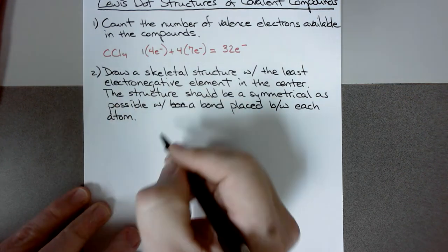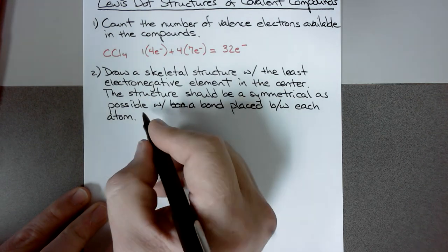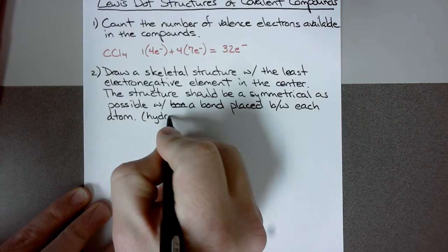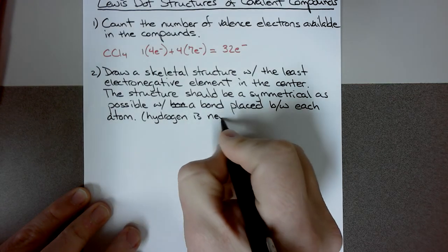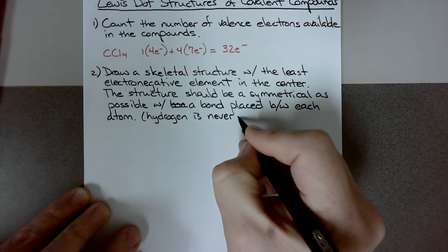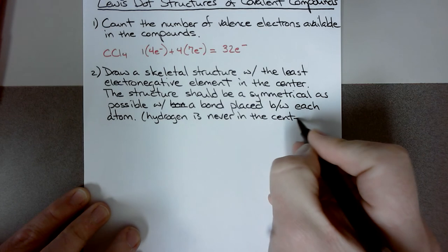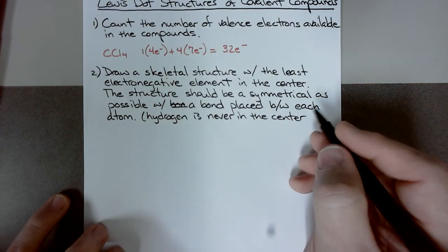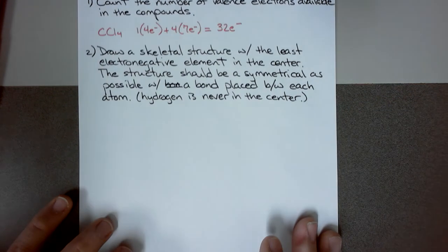And then one thing that's important to remember is that hydrogen is never in the center. Because hydrogen only needs 2 electrons, you can't put it in the center because the bond already gives it 2 electrons.